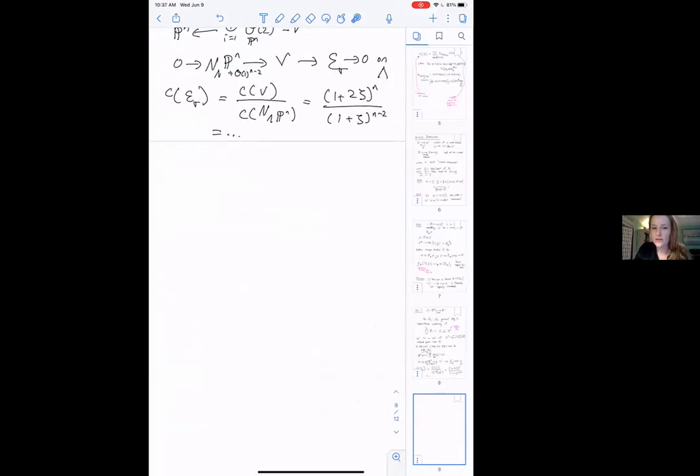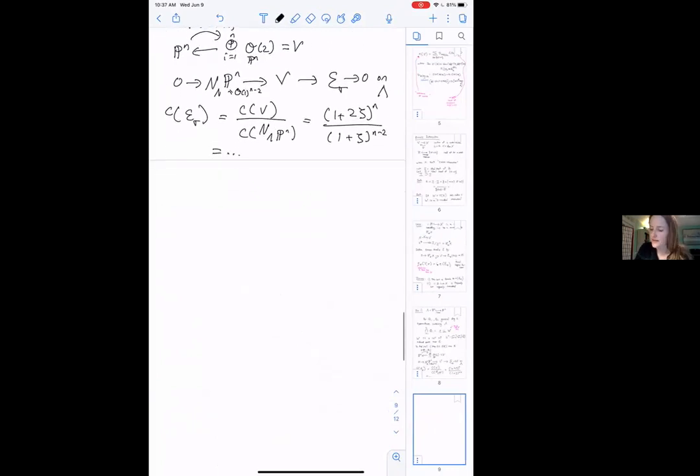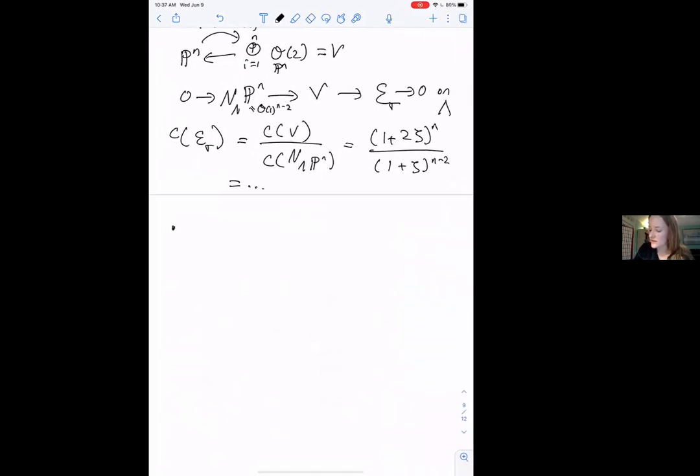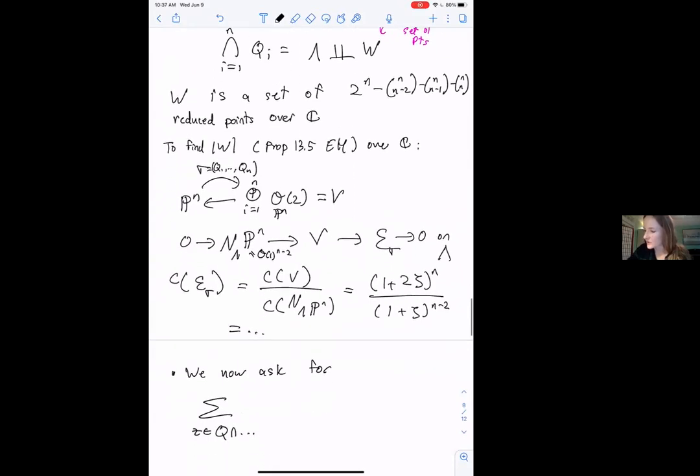Now we no longer assume that K is algebraically closed, so we now ask for a weighted count, the count of Z in these intersections. I guess we called it W. The count of W.